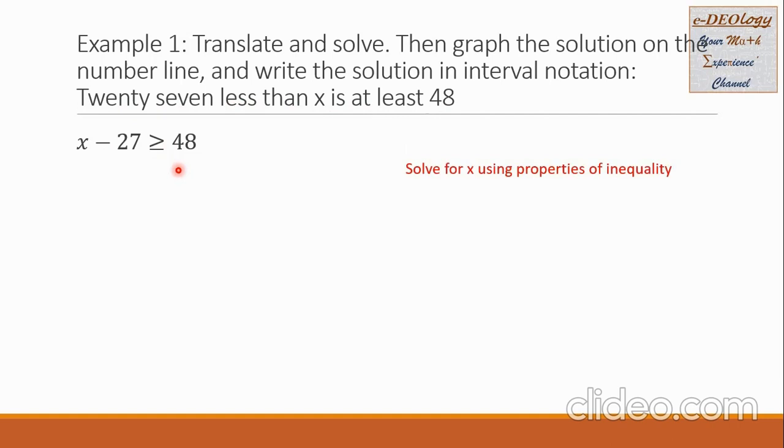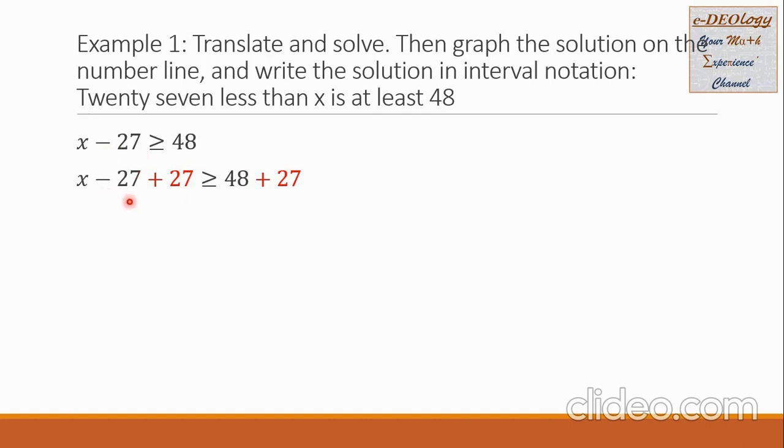So we will solve for x using properties of inequality. We want to make this x alone on the left side of the inequality. We want to remove this negative 27. So we're going to add 27 to the inequality, to the left side and to the right.